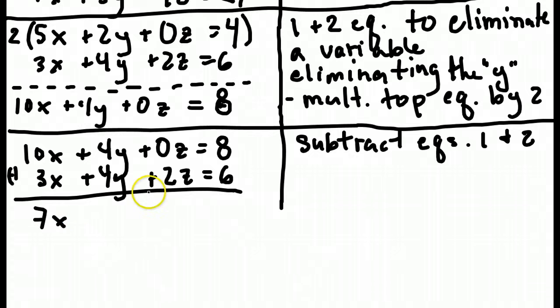Our y's drop out. Poof, gone. 0z minus 2z is minus 2z. Equals 8 minus 6 is 2. Okay.